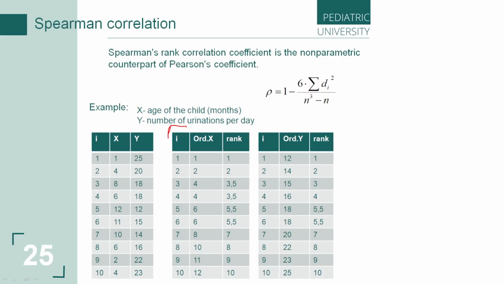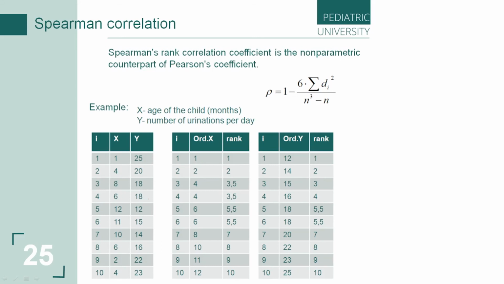Let me remind you that rank is an ordinal number in an ordered sample. First, we must order our items, and only after that can we assign ranks. So, the first ordered item is 1, and its rank is 1, because the rank is an ordinal number in the ordered sample.